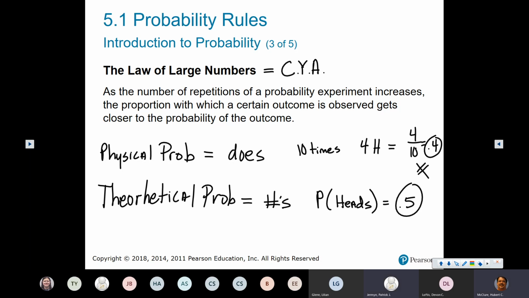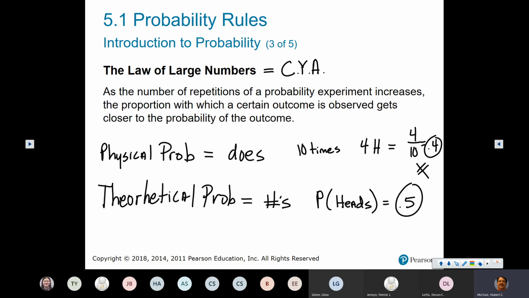That means I want you to answer. 1 out of 6. And of course, you don't have a die in front of you. You didn't roll it. So how did you know that? It was based on the numbers that you remember. There's 6 sides to a cube. So that's theoretical probability. Way to go, Yates.